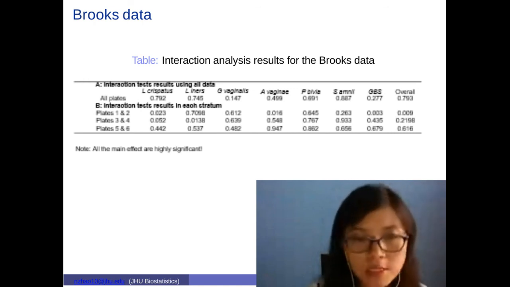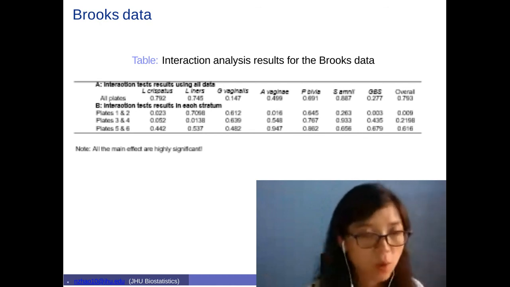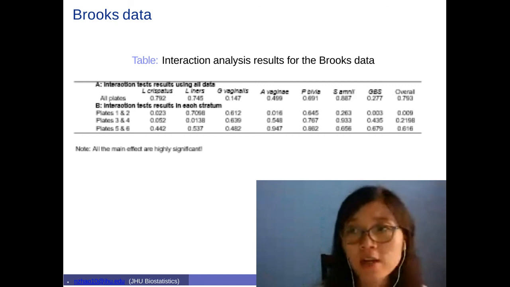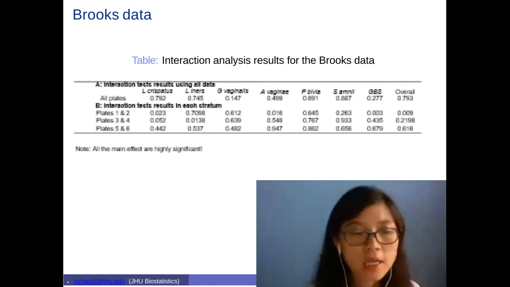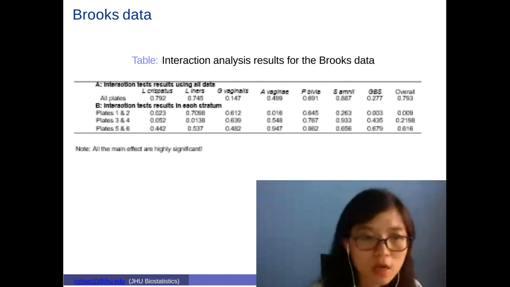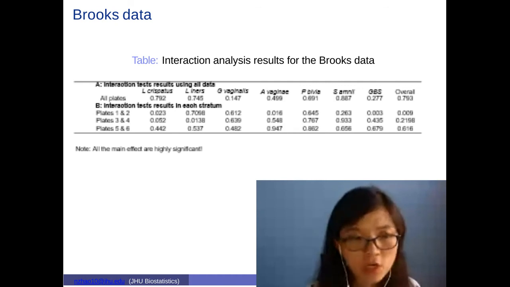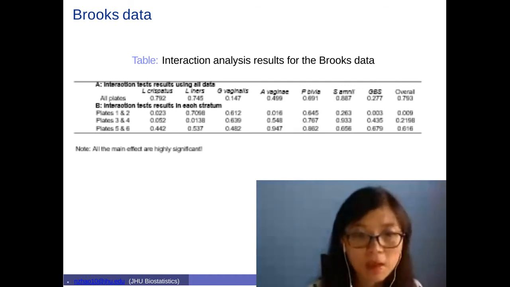We also did hypothesis testing, and we found that the interaction effect, even when it was present, such as in plates 1 and 2, was much smaller in magnitude compared to the main effect model. And we were quite happy to see this result, because it essentially says that we may be able to characterize the complex bias generation process using something that is simple.